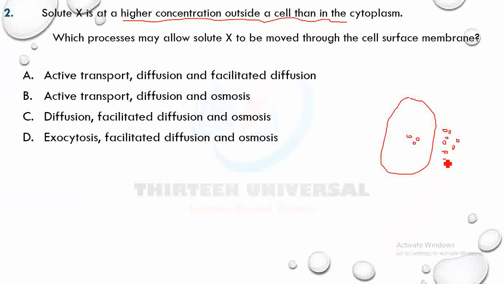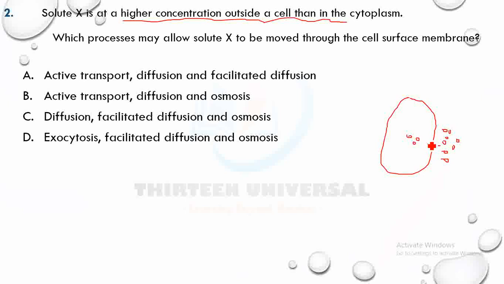Remember that it could move depending on the nature, whether it is polar or not. If it's moving from outside to inside, it's moving from high concentration to low concentration, so that is diffusion, if it is not charged, if it's non-polar. But if it is polar, we'll call it facilitated diffusion.